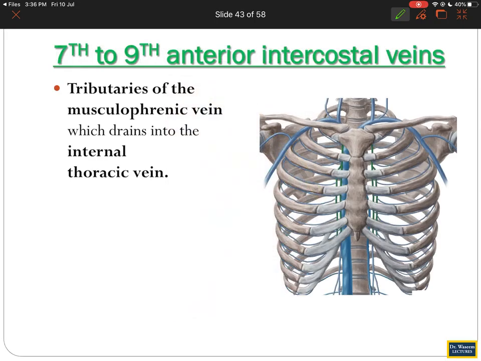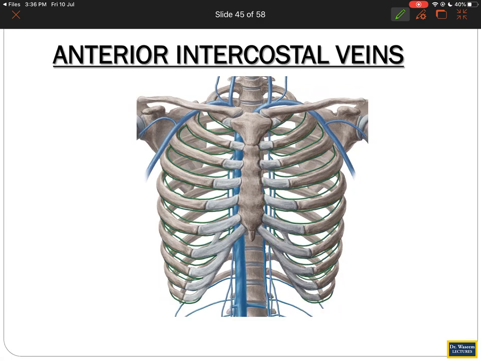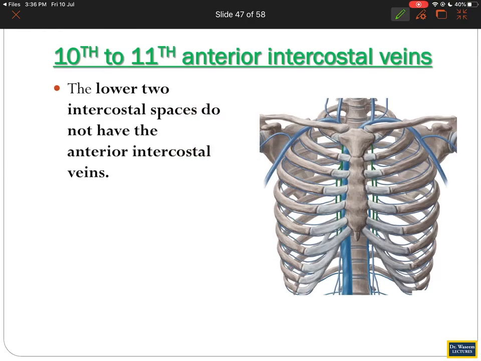These are the anterior intercostal veins. From the 7th to 9th, as we told you, they come from the musculophrenic this time. The internal thoracic vein, watch here. The anterior intercostal veins are again in pairs. The 10th to 11th, as we told you, come from the musculophrenic.